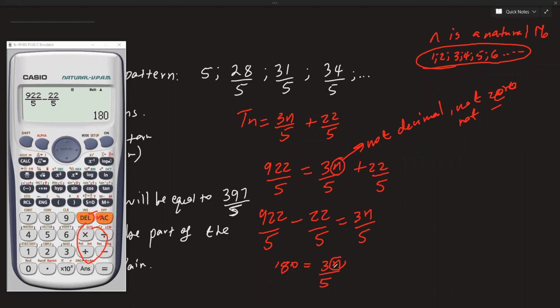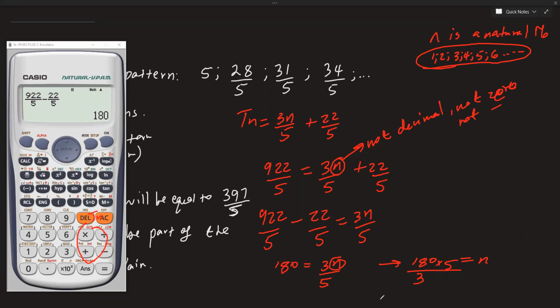Remember to isolate, I showed you what to do. So you write 180, and then this side you're just going to be left with n. The 3 is multiplying the n, so this side is going to divide, right? The 5 is dividing the n, so you're going to say n divided by 5. Do you get it? So this side you must multiply. You do the opposite of what it does.